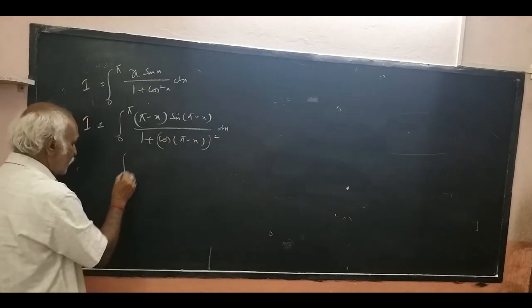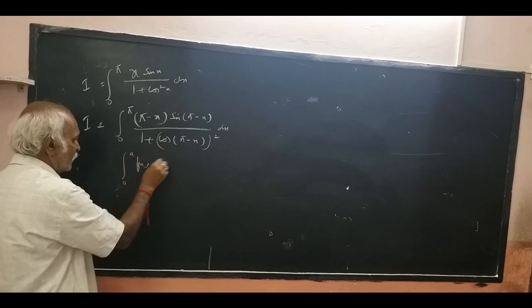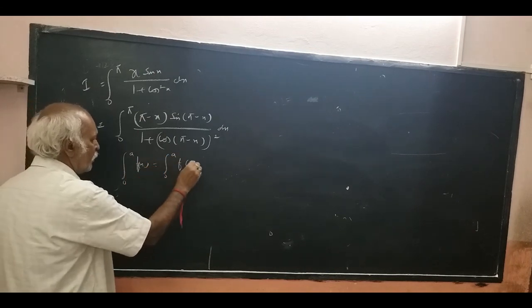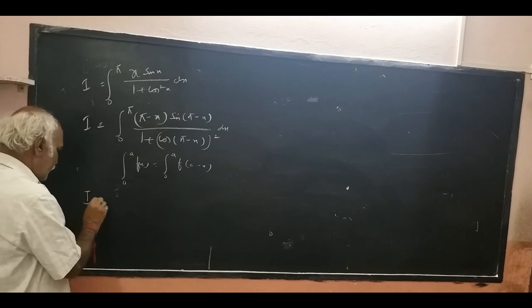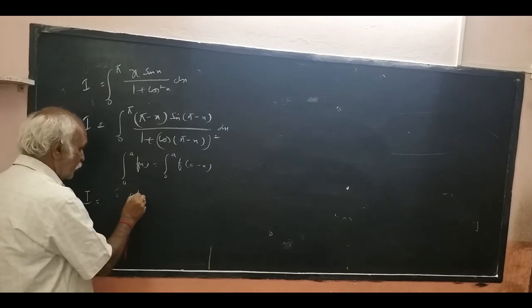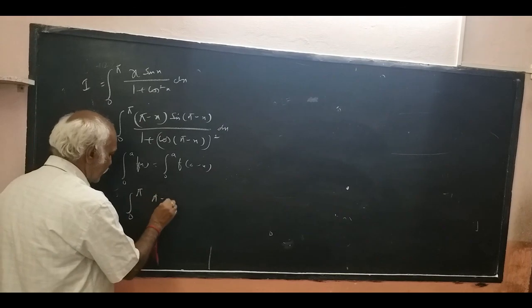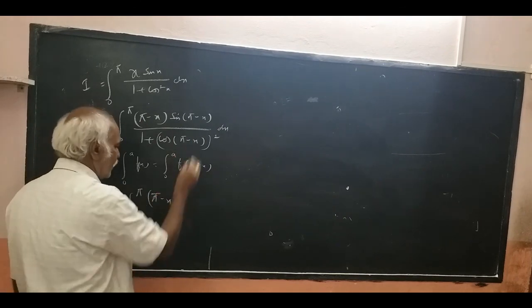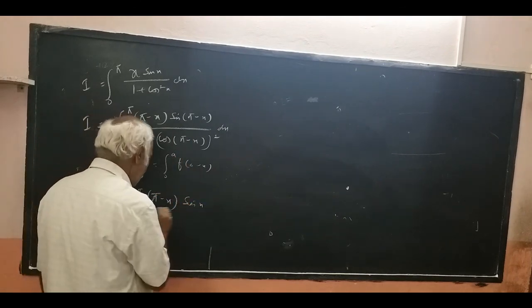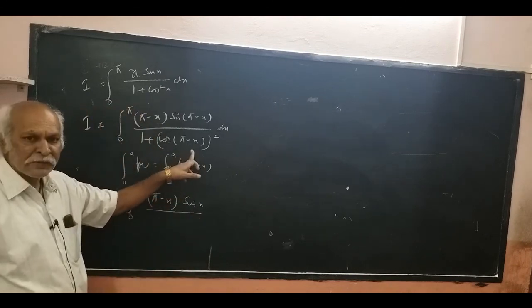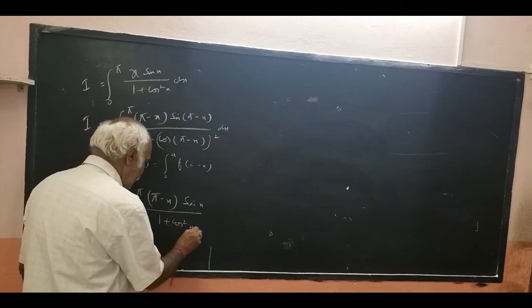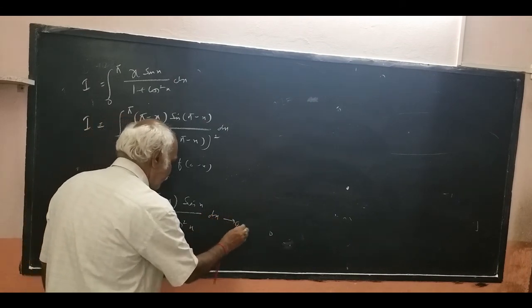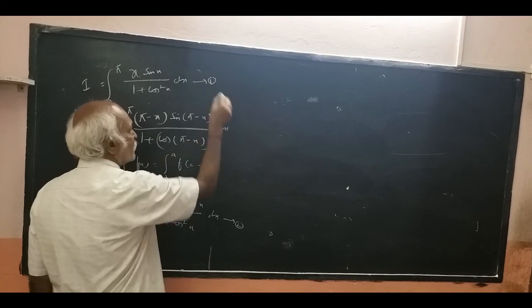Again, which formula? 0 to a f of x is equal to 0 to a f of a minus x. So this becomes I is equal to 0 to pi, pi minus x into sin 180 minus theta is sin theta, cos 180 minus theta is minus cos theta, but square is there. So it becomes 1 plus cos square x dx. You call it as equation number 2. You call the first one as equation number 1.